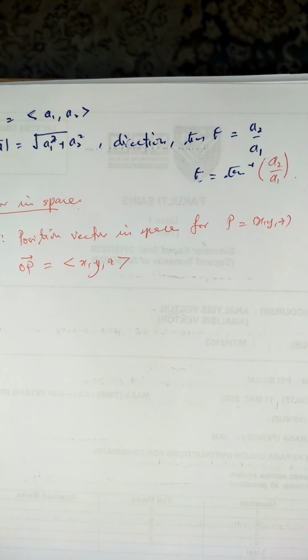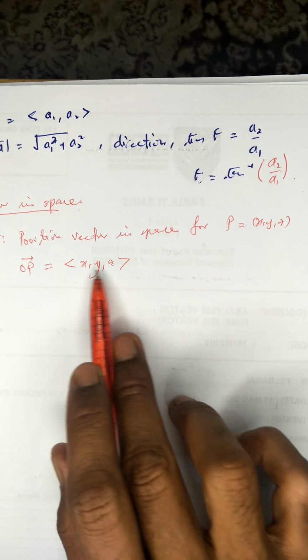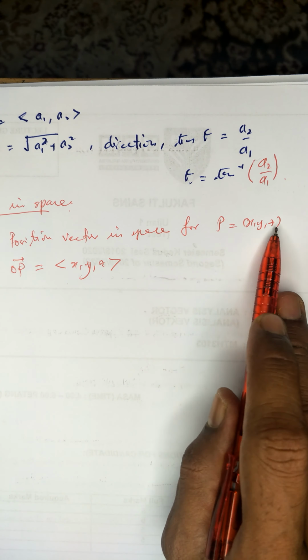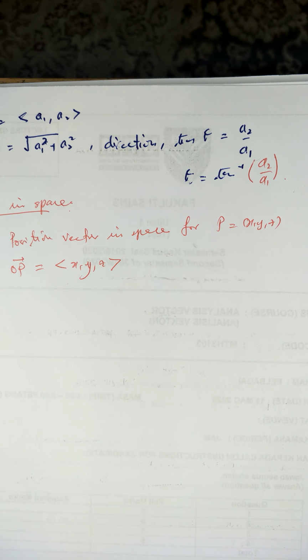So again, notice the difference. This is a vector with angle brackets, and this is a point with a curved bracket.